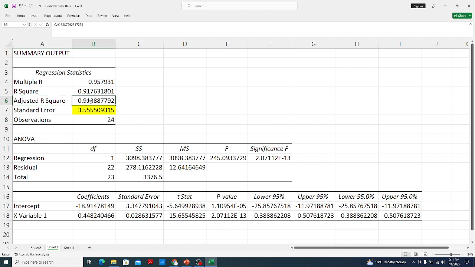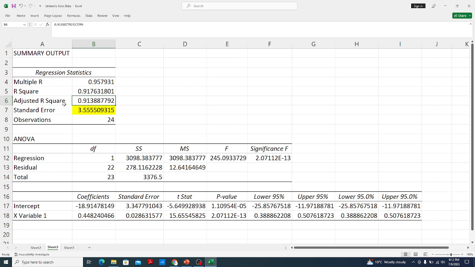Why? Because it allows for adjustments, or even curbs seasonality within your variables.